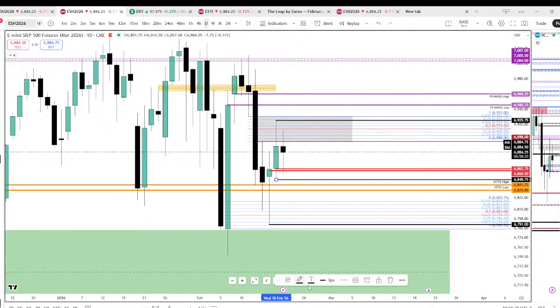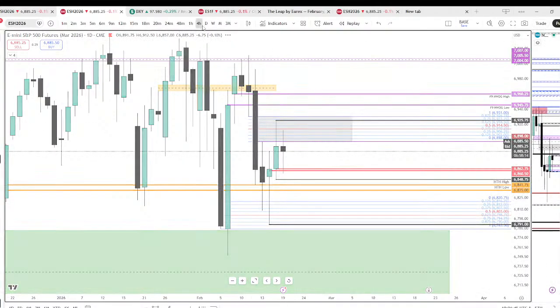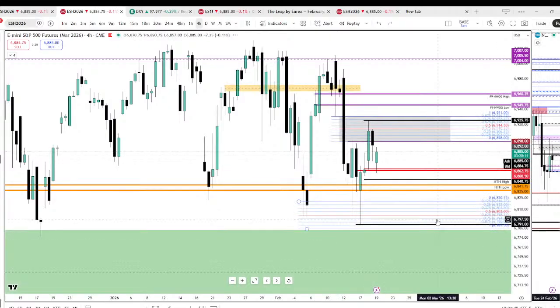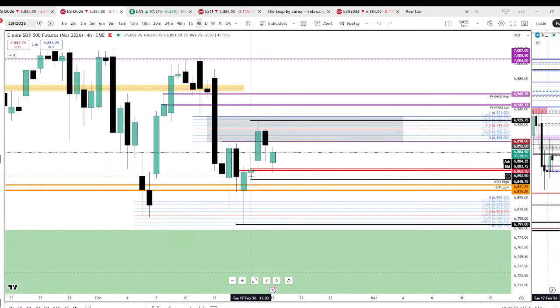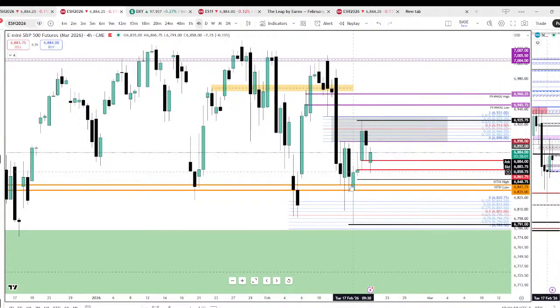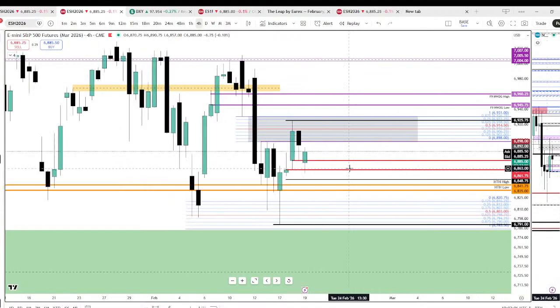There's an intermediate term low. Regular trading hours. This is where these are supposed to go. So that's our opening gap for regular trading hours from a couple of days ago.